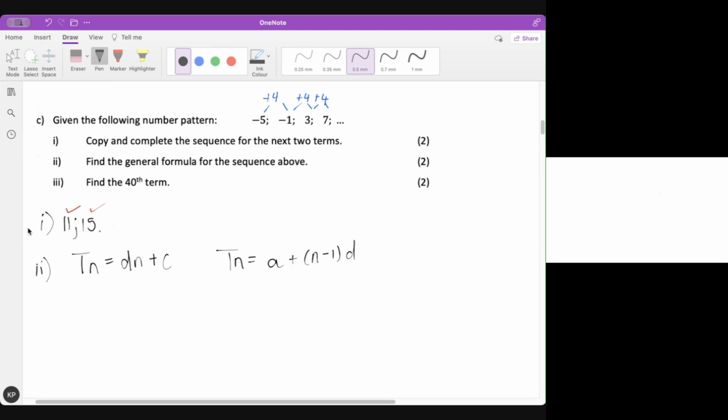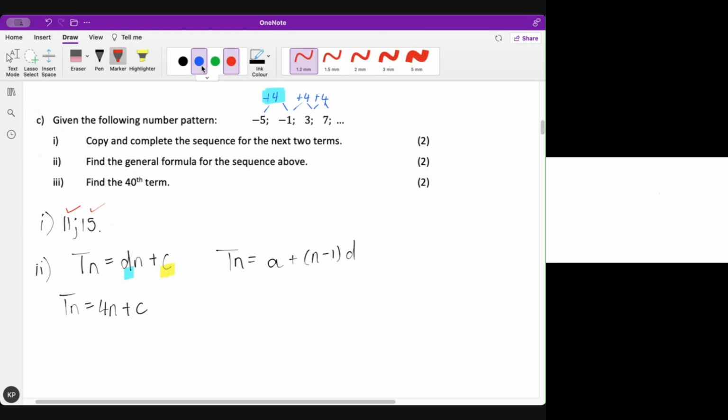Okay. Let's start with the one on the left. So Tn is equal to Dn plus C. This would be your constant difference. So we can substitute that, and that is 4n plus C. Now this term over here, C, this is what we call term 0.